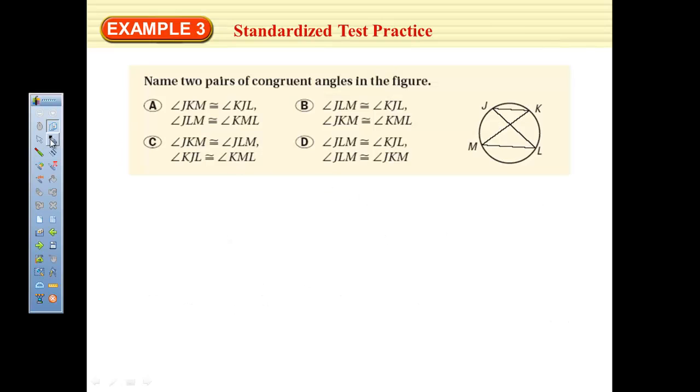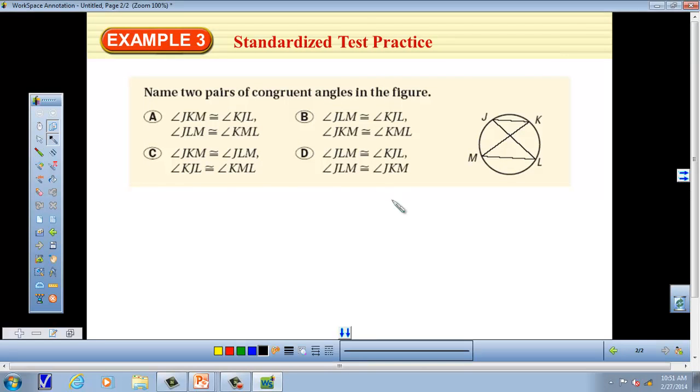And let's see. We want to know which two pairs of congruent angles are in the figure. We want JKM, which is this angle, and KJL. Those two look possibly congruent, but we don't know for sure.